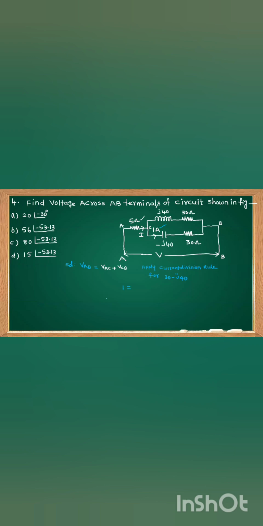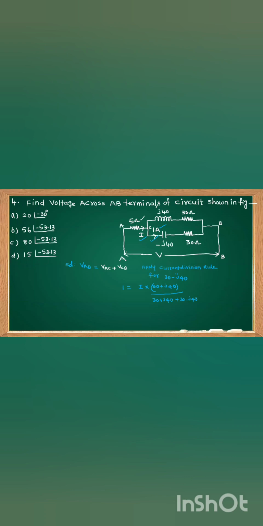This 1 ampere current equals, by the current division rule, total current into the opposite impedance, 30 plus J40, by total impedance, that is 30 plus J40 plus 30 minus J40.